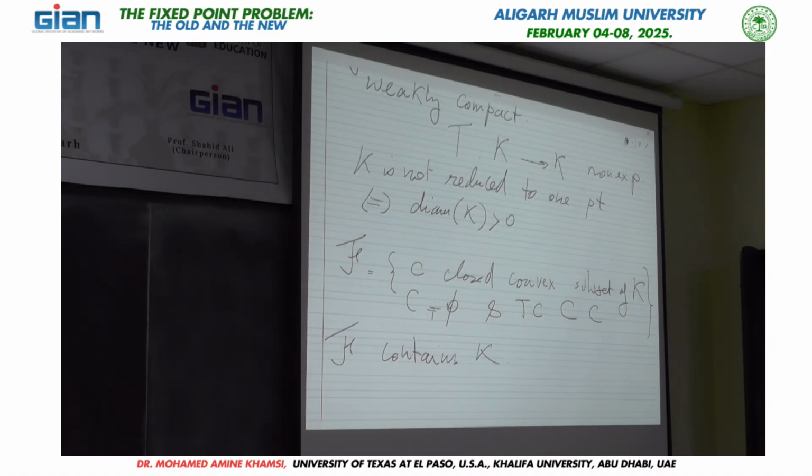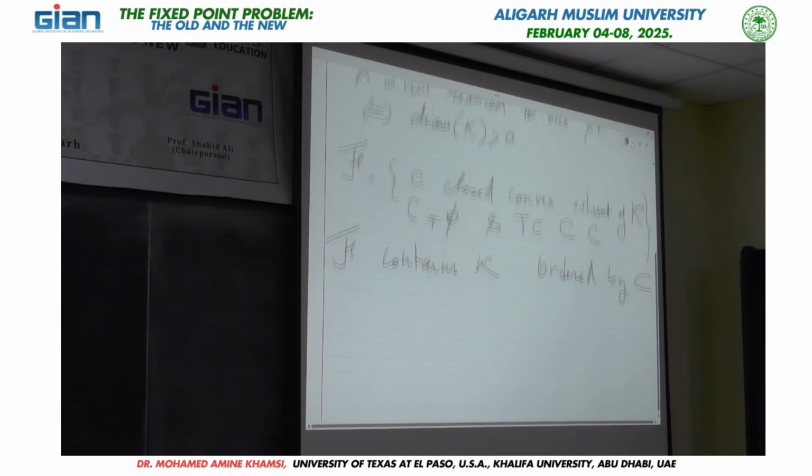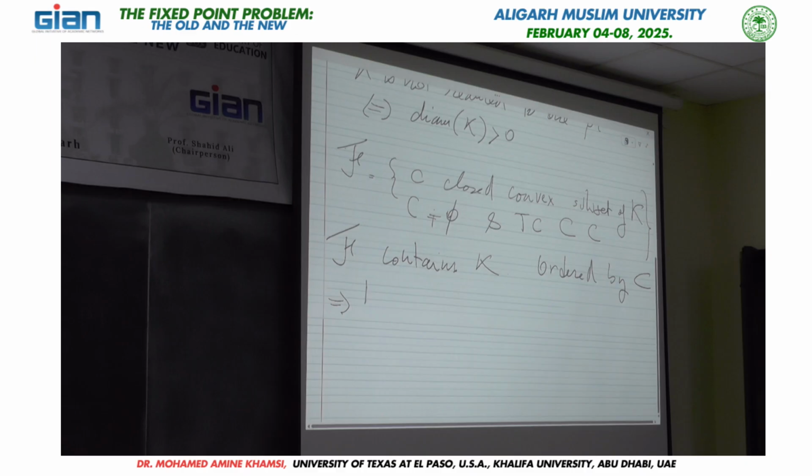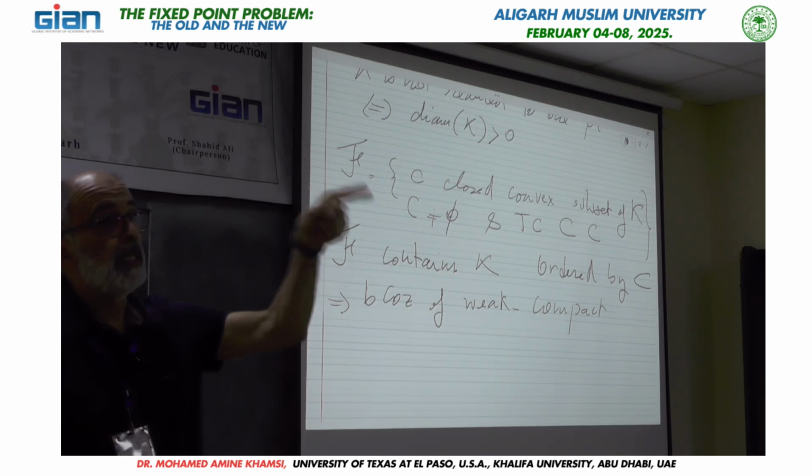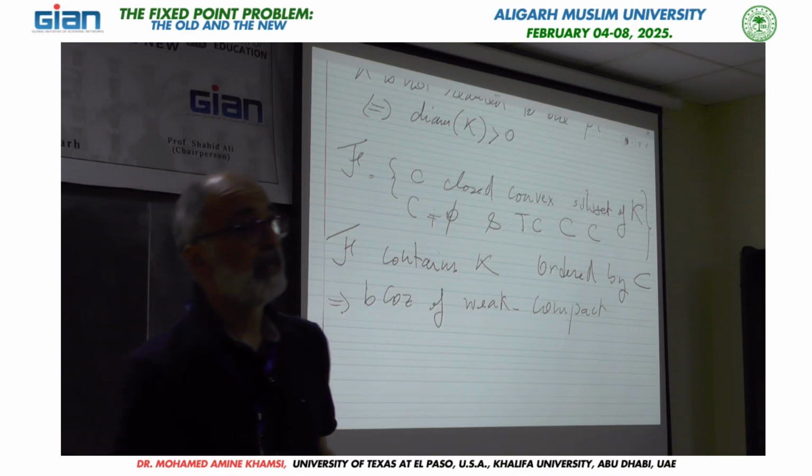If I order it by inclusion, and because of weak compactness, then any chain or totally ordered subset of F, the intersection is not empty, that's weak compactness.